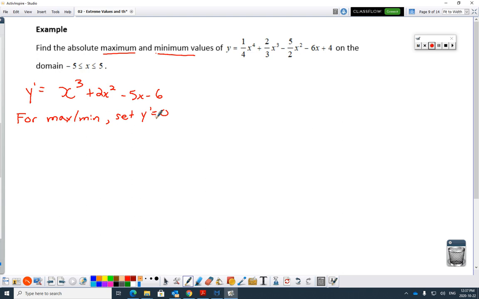Yeah, I'll get to that in just a second. To find out our potentials, our playoff performers, people that make it past the first round, you set y prime equal to 0. The x values I find here will be critical numbers. They'll be potential max mins. Probable max mins.